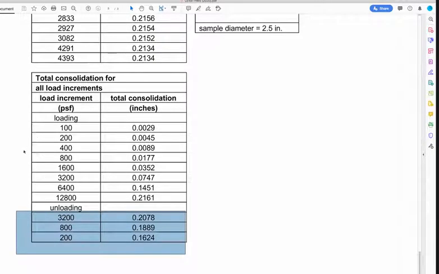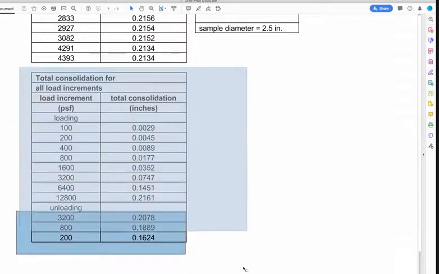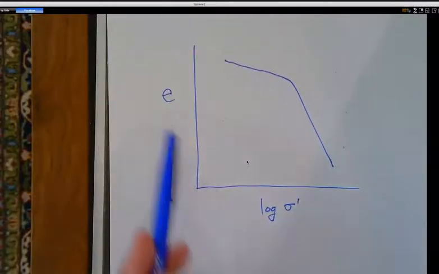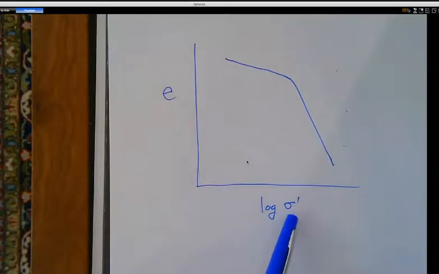So this data down here in the lower left is utilized to make this type of graphic. You'll be making a void ratio versus effective stress plotted on a log scale. I just show that as log sigma prime.